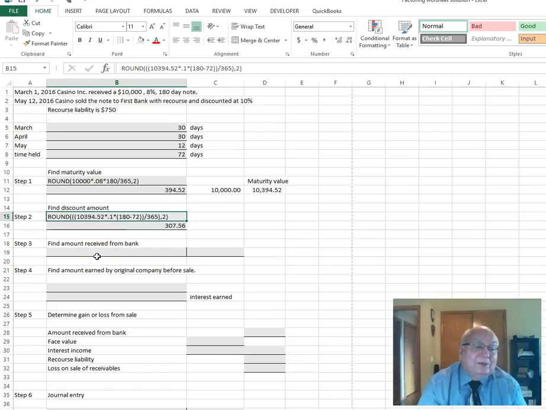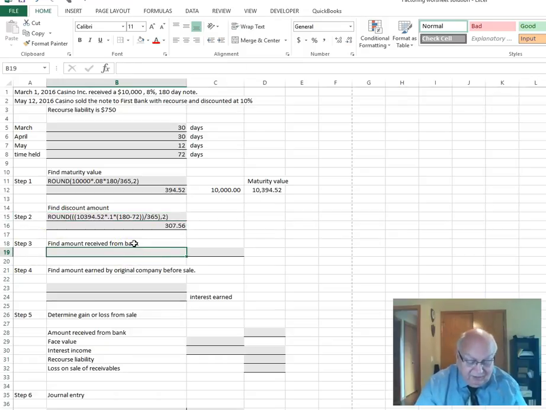What we did, we took the maturity value of 10,394.52 times the discount rate of 10% times the number of days the bank has to hold it divided by 365. And the bank's discount would be 307.56, which is what they would charge.